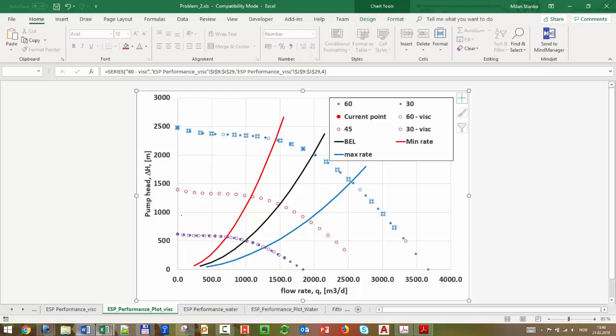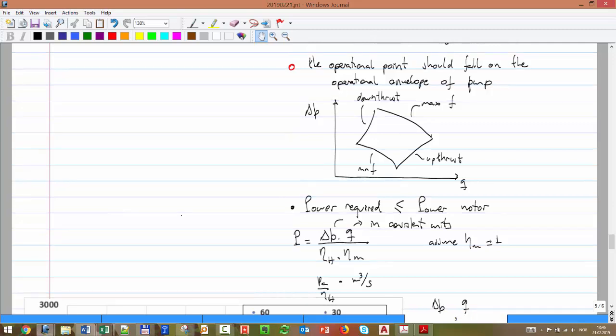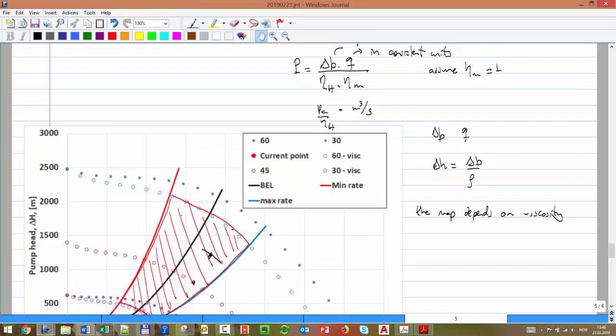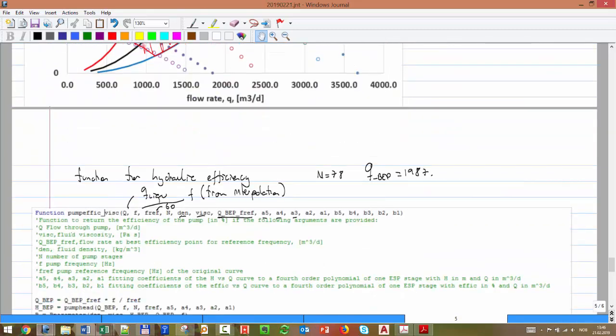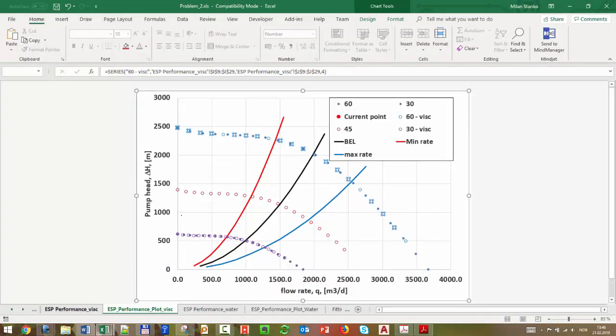And the most tricky part is the power. The equation is very simple, but the equation for the hydraulic efficiency is not so simple, because we have to correct for viscosity. Higher viscosity creates higher loss, creates lower efficiency. So for that we use this ugly expression with a lot of input, but now you know where to find that input. The coefficients, I think they are someplace here.